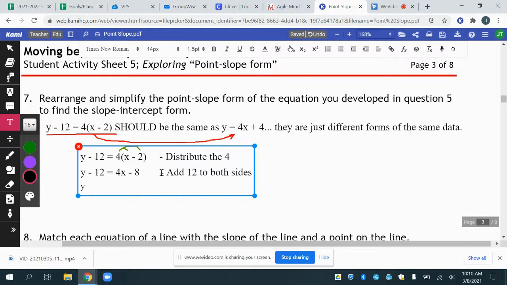If I do those both things to the y, all that's left is y. So I don't have to move the equal sign. It equals 4x, and I added 12 to this side as well, so negative 8 plus 12 is 4. Oh my gosh, I changed one into the other.